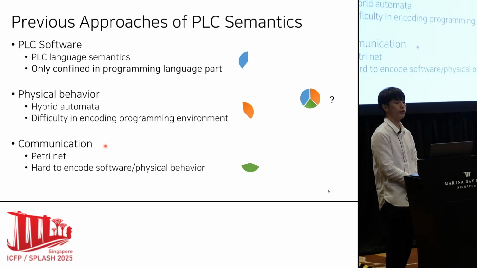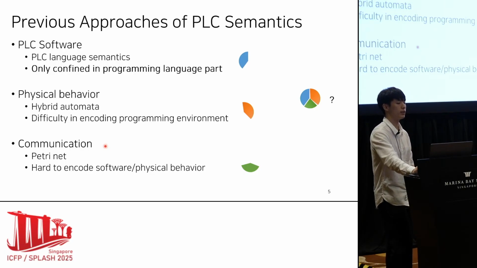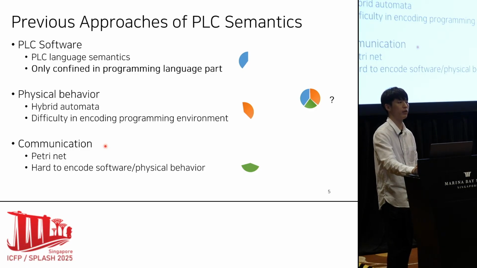To talk about the previous approaches, for the software part, there have been many studies about PLC language semantics. However, they are confined to the programming logic part, and in most of the work, they totally forget about other things like physical behavior and communication. For physical behavior, we have hybrid automata, but it is difficult to encode the programming environments and programming logic.